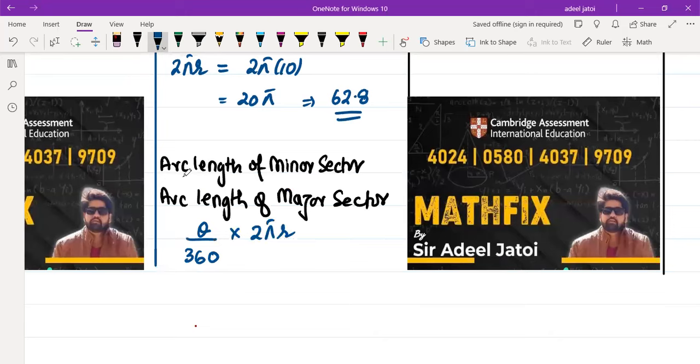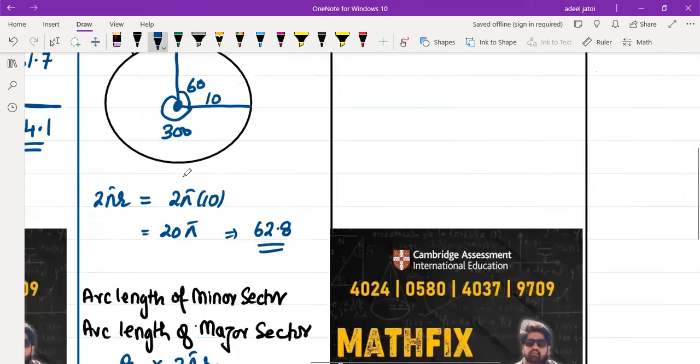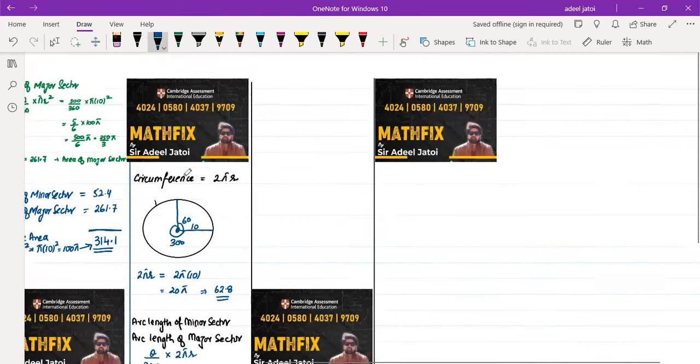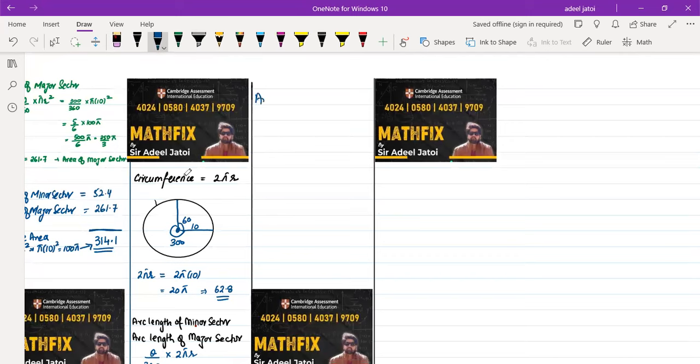When we are working with arc length, we will be working with the circumference, 2 pi r, and we'll be using theta upon 360.